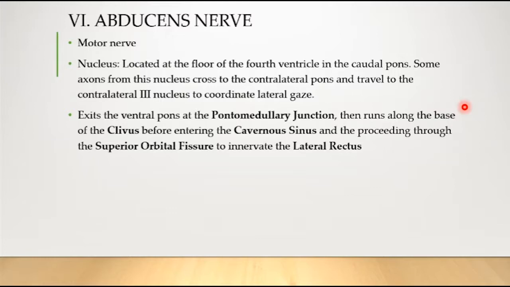So anything that increases pressure can press on the nerve and cause problems. So it is a classic false localizing sign. So you can't use it as a way to localize the lesion. There are many other cranial nerves that can give you false localizing signs, but this is the biggest one.